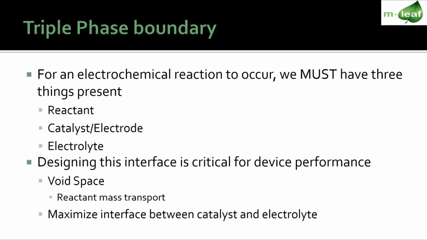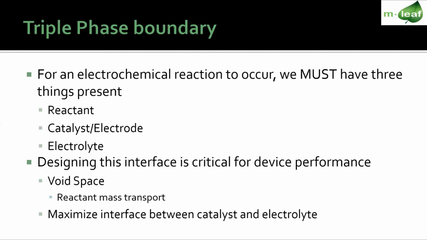We also can think about this in terms of having things like solid polymers that might be able to conduct ions, but then we don't have the ability to move anything other than ions. Again, we're limiting the amount of reactant that can get to the surface. Now, we could put a lot of porosity in our electrodes, but then we might not be able to fill that with the electrolyte.